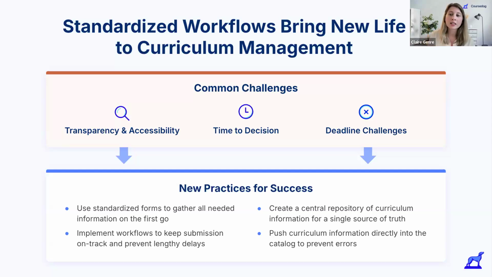The faculty and staff who submit the original curriculum changes often really have no visibility into the approval process it then follows. This isn't only frustrating, but also prevents faculty from knowing who to reach out to even get an update on the status of their proposal and when they might see that change come to fruition.